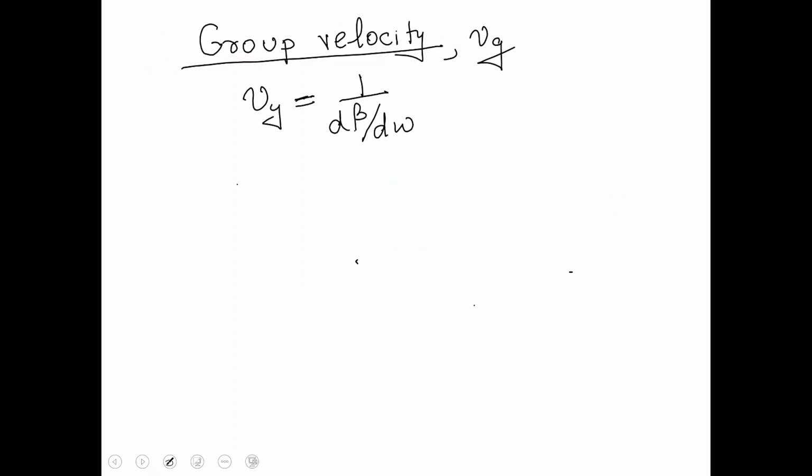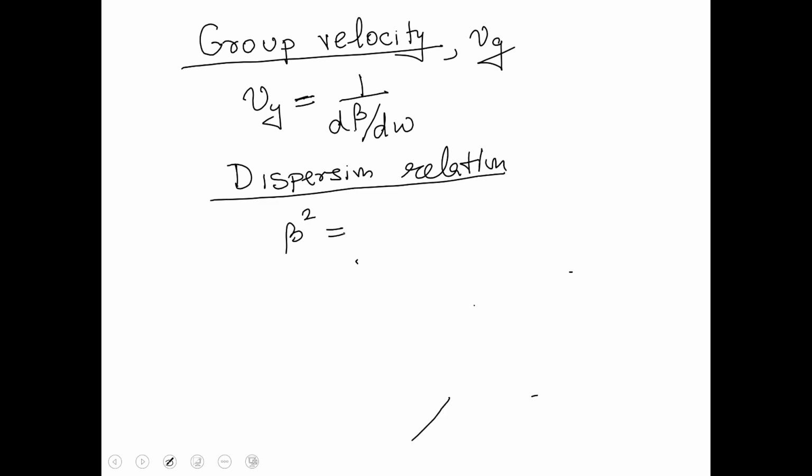Our dispersion relationship is basically the relation between beta and the properties, the frequency and the properties of the medium: beta square equals omega square mu epsilon minus m pi by a square minus n pi by b square.